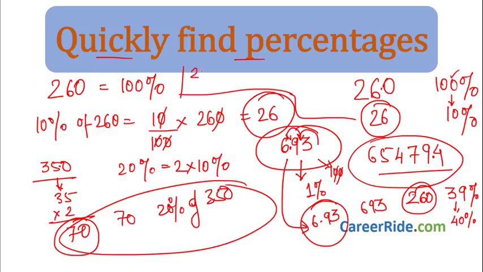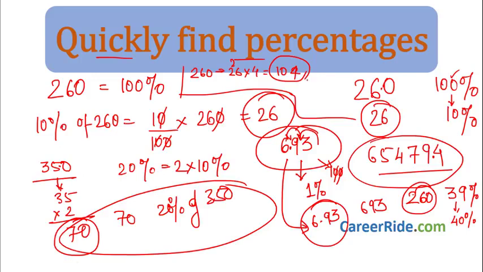So 260. We want 40%. How to calculate 40%? First calculate 10%. 260, 10% is 26. Multiply by 4. 4 6s are 24. 4 2s are 8. 104. Right? That is nothing but 40% of 260.